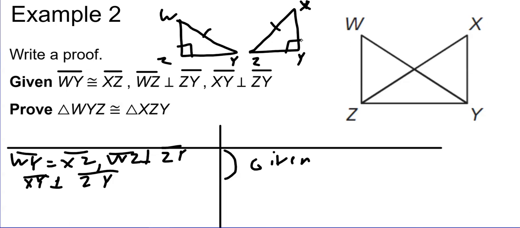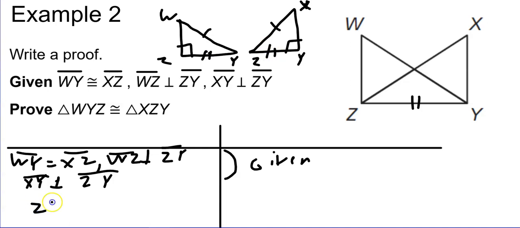We just need a leg to be congruent. Like I said, I like to separate them, but it's important to notice that ZY is the same on both. When I separate it, I've got to remember that that was the same line.